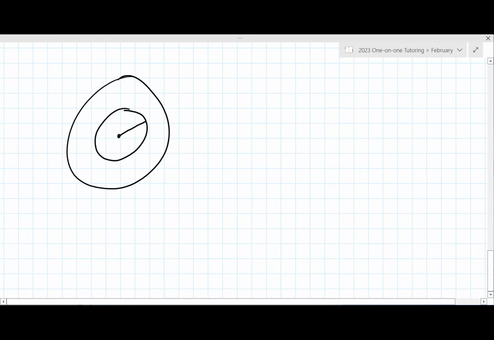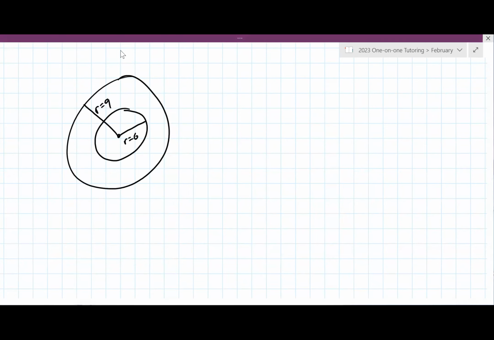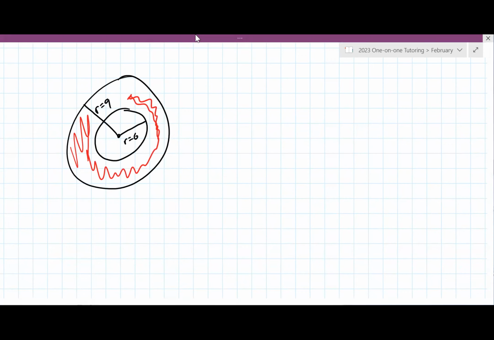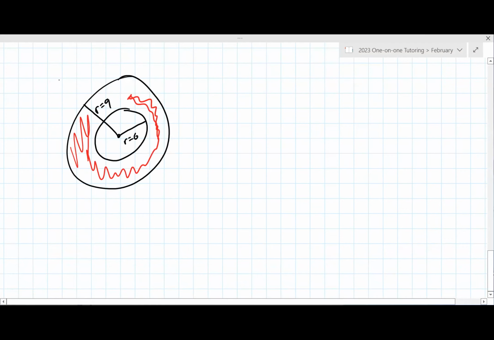This radius is 6. This radius is 9. Again, I want you to find the area of the donut this time for me, please. If you have questions, please let me know.